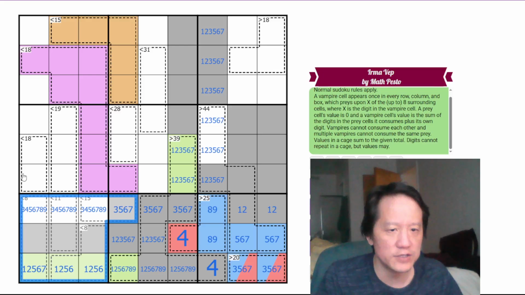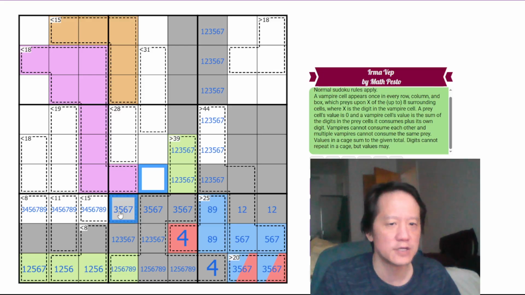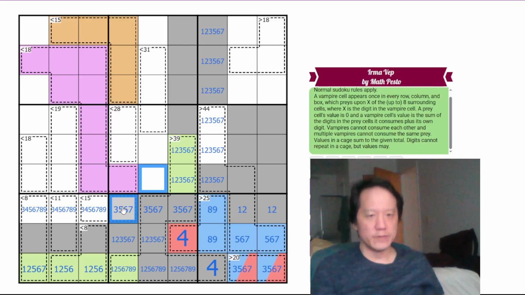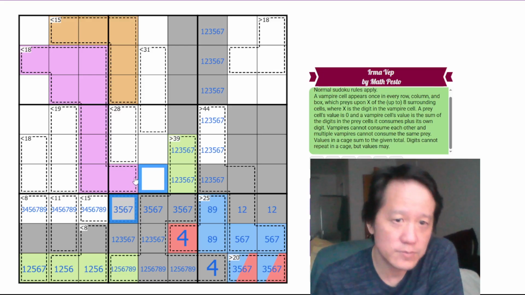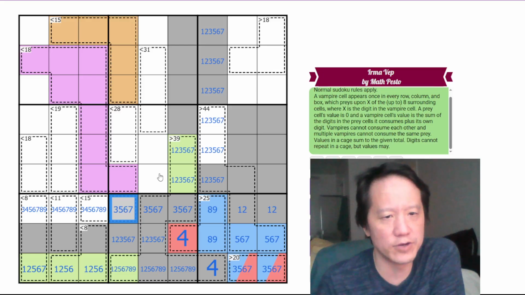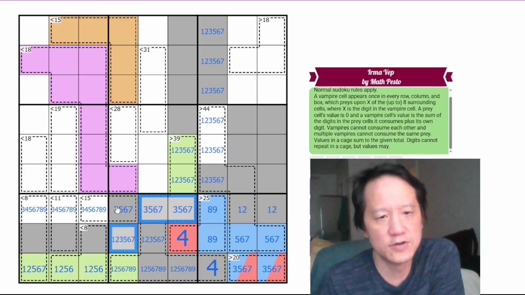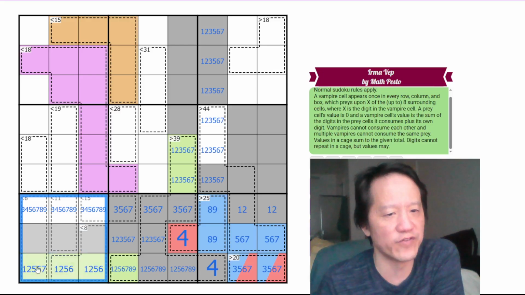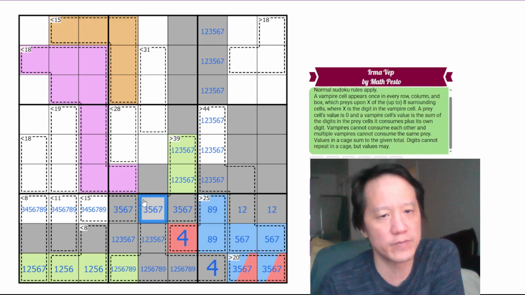So if there is no vampire, well, I guess this could suck potentially out here. This would only suck that one. It cannot suck anything else from this set. And if it only sucks that one, this would still leave a value of 45 here. So this can never be the vampire.